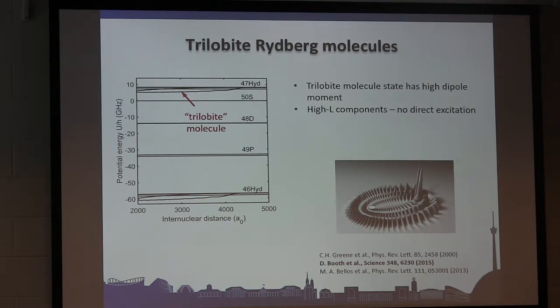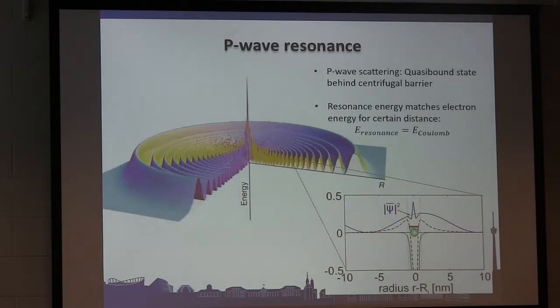One of these terms is P-wave scattering. I told you that P-wave scattering is not relevant in our case because there's the centrifugal barrier. But actually in rubidium there's a bound state behind the centrifugal barrier.